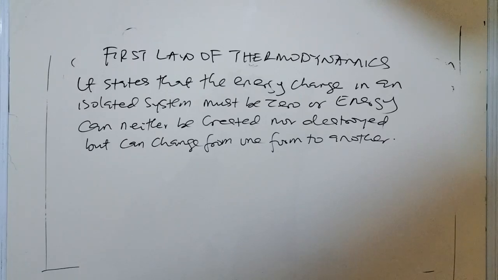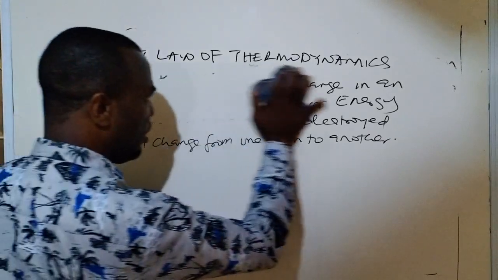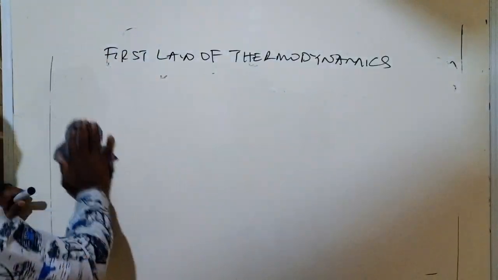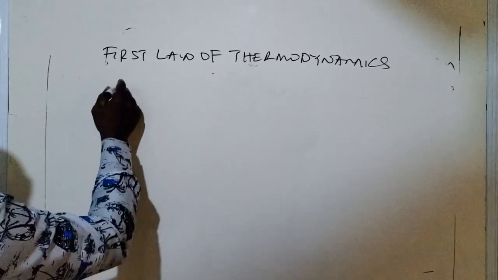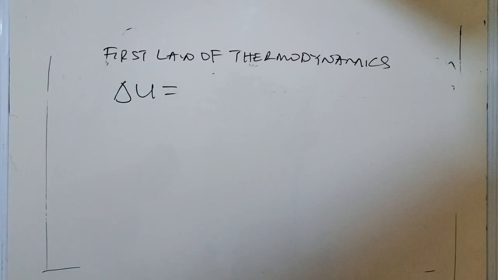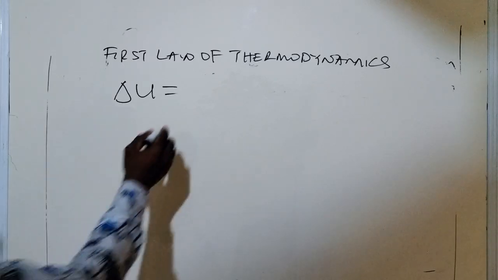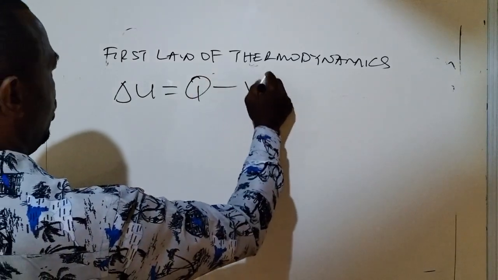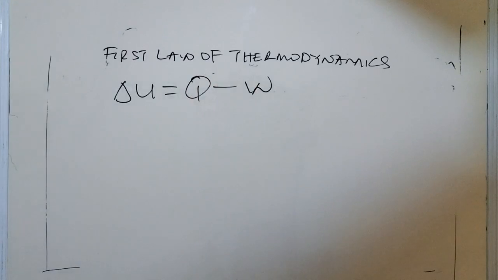Now, under this first law, we are concerned with an important equation derived from the first law of thermodynamics, which says delta U equals Q minus W. This is a very important equation that governs the first law.